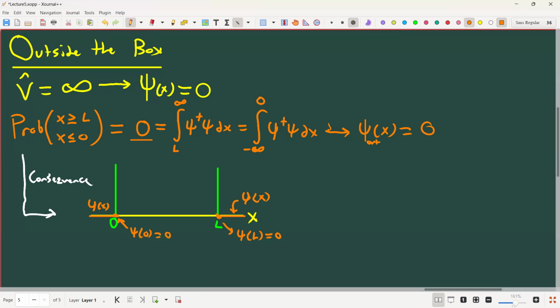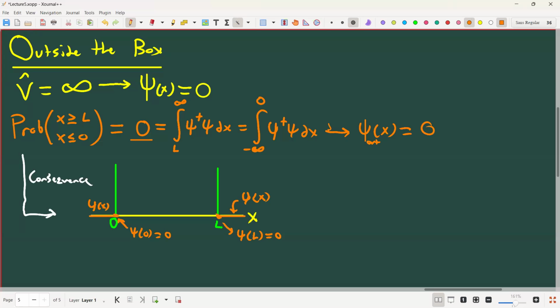Okay, so what that means is that whatever wave function we have inside the box has to go to 0 at the walls. That should make sense, right? Because if it's in the box and the walls are infinitely high, if psi of 0 is not 0, that means there's a probability to find it standing on the wall, right? Perched on the wall like a bird. But that wall is infinitely high. Well, it can't.